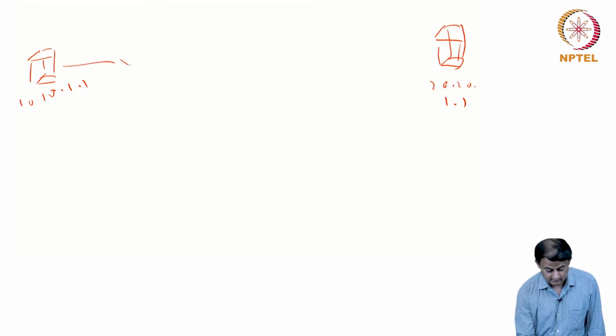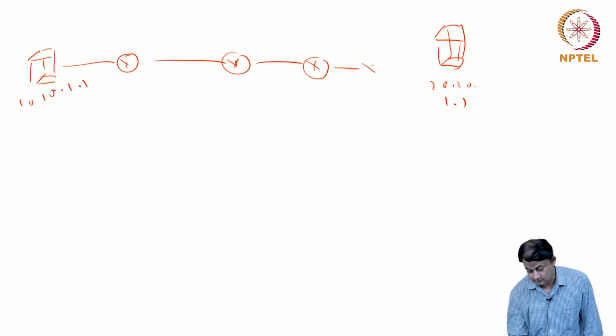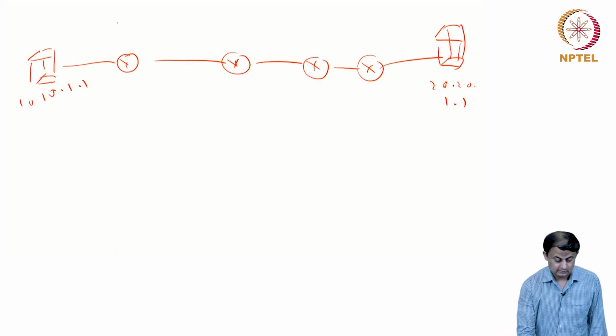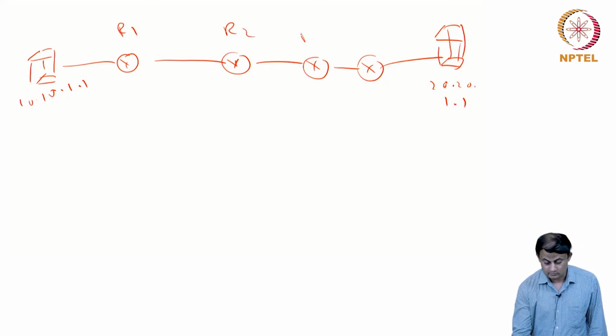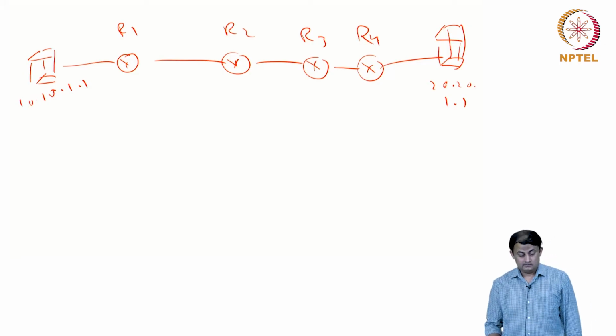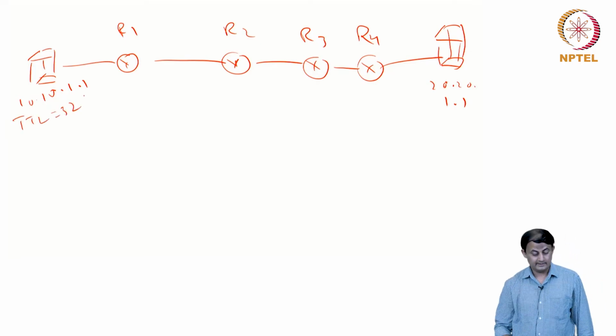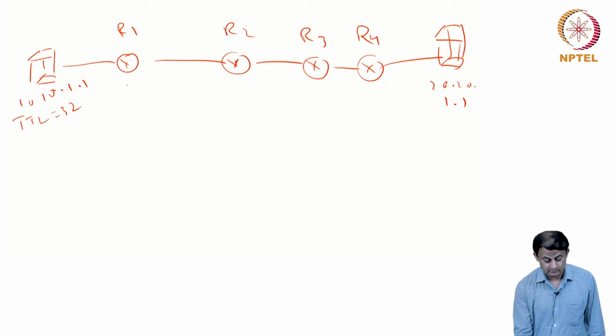This packet is routed through a bunch of intermediate routers, let's call them R1, R2, R3 and R4, and a TTL value is initially assigned. Let's say this is 32, and every router decrements that TTL value by 1. Here, when the packet, let's call it packet P1, exits from this computer, the TTL value becomes 31.